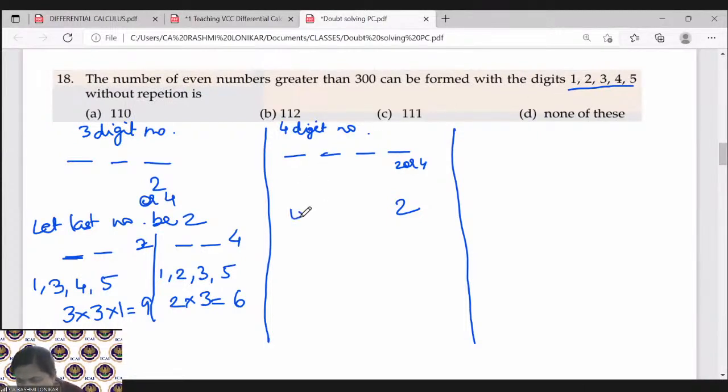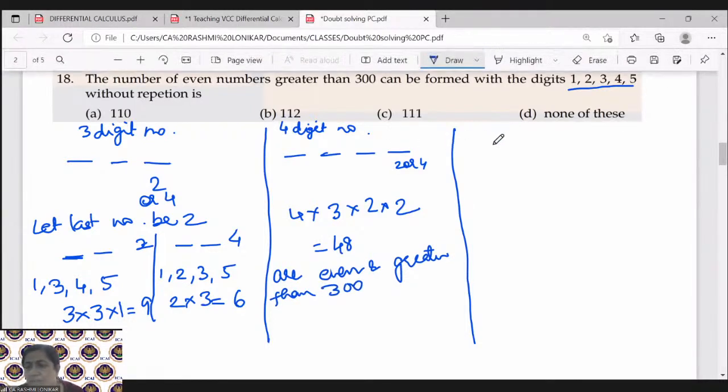So this is 4 into 3 into 2 into 2. So 4 3s are 12, 12 4s are 48. So I have 48 4-digit numbers which are even and greater than 300.